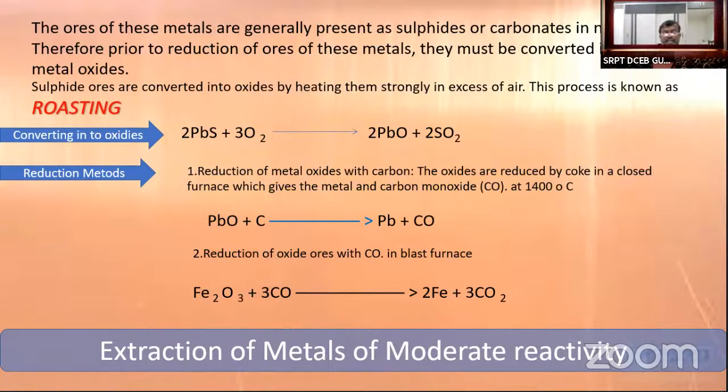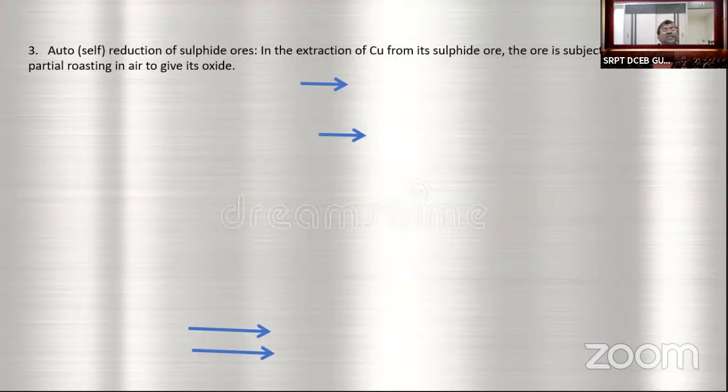Now let us see another method, that is the auto reduction of sulfide ores. This is the third method. In this extraction, like copper from its sulfide ore, the ore is subjected to partial roasting in the air, which converts it into its oxide form.